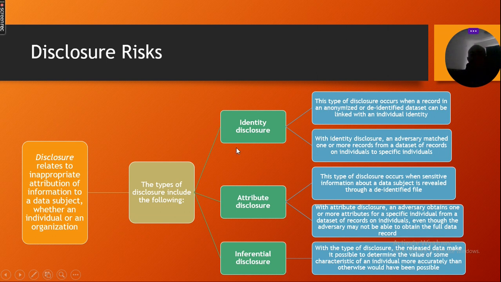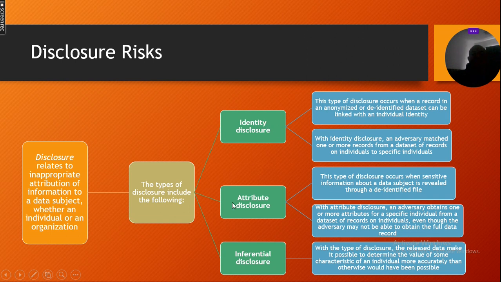Identity disclosure occurs when a record in an anonymized, de-identified data set can be linked with an individual identity. They are able to break into it and link this anonymized data set, or your de-identified data set, with the rightful owners of this information.